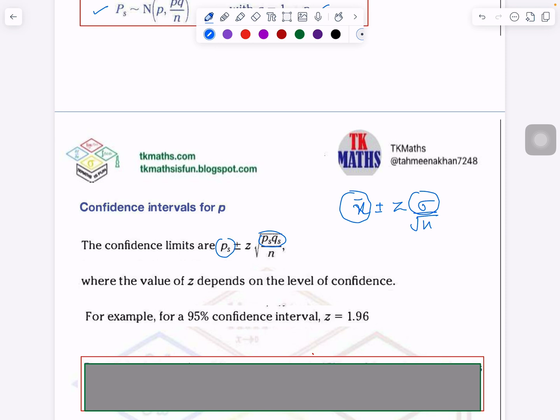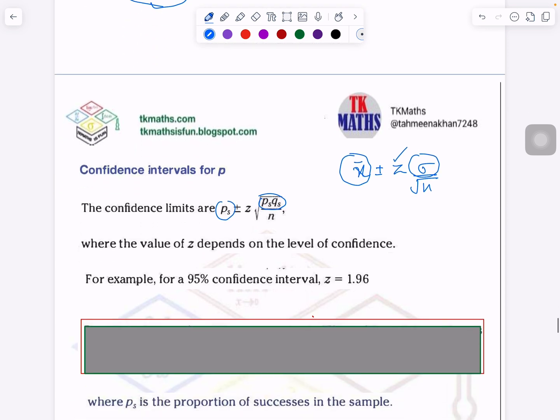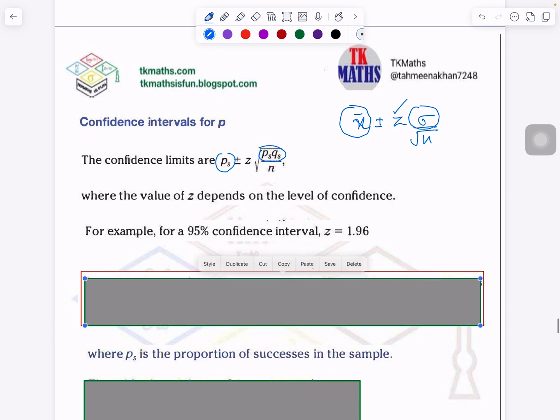Because the distribution is given to you here, and the z value will definitely depend on the confidence level. So I hope you understood. The rest of the procedure will remain the same, only the distribution has changed, so the confidence interval formula will be different this time.